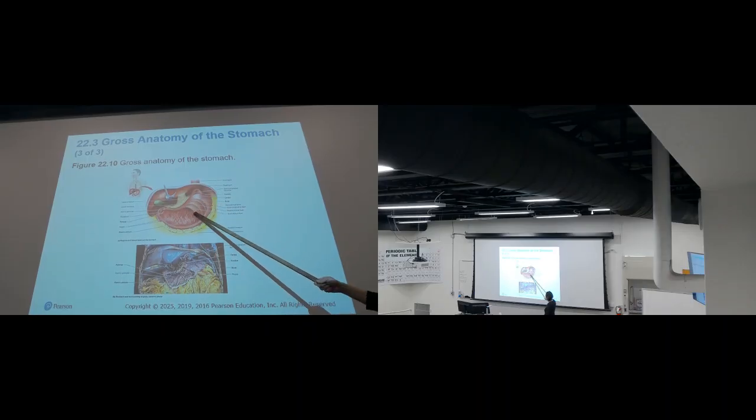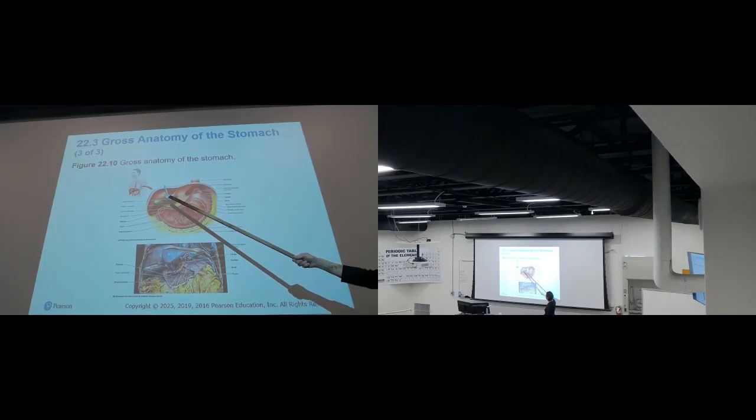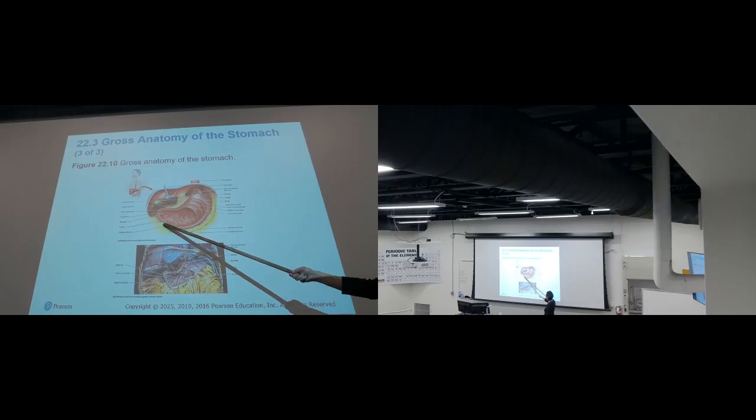So the largest region of the stomach is the body. And then the stomach has two curvatures. One that is located superiorly, which is the lesser curvature, and one that is located inferiorly, which is the greater curvature.